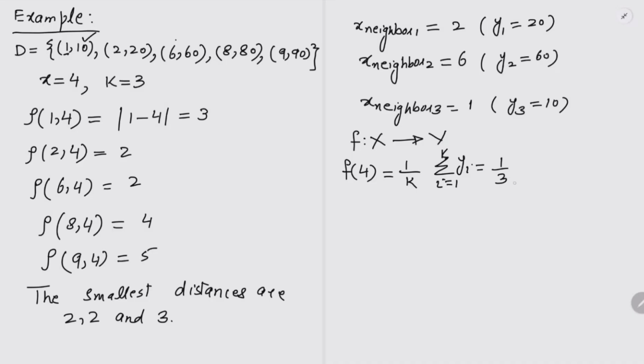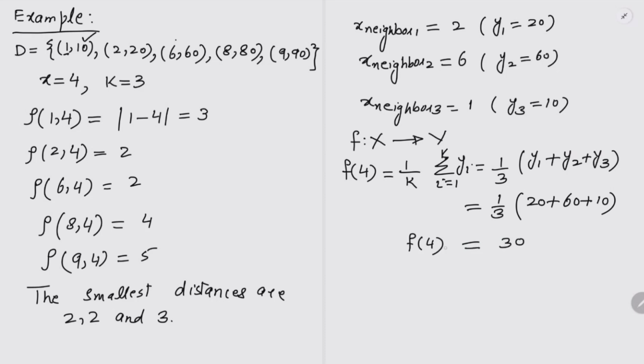Since we are taking 3 neighbors, k is 3. We have y1, y2, y3, so 1 over 3 times 20 plus 60 plus 10, which gives 30. So the prediction of the KNN regressor with arithmetic mean is 30.